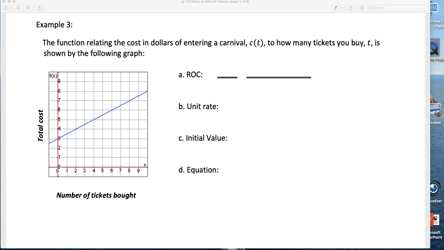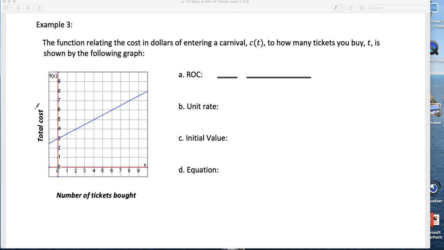Okay, the function relating the cost in dollars of entering a carnival, C of T, to how many tickets you buy, T, is shown by the following graph. Okay, I love graphs because I know that this is my x-axis, and it actually has an x right there.